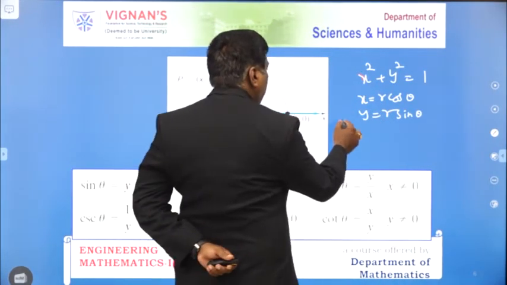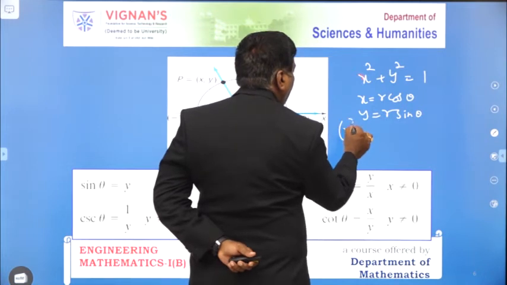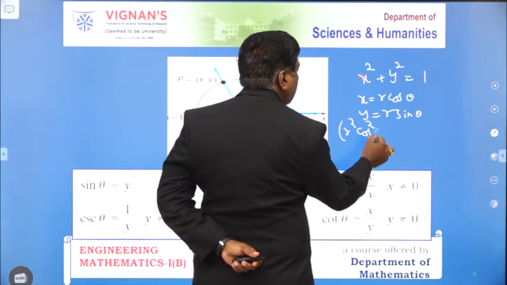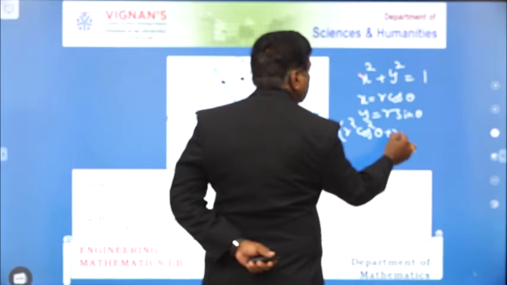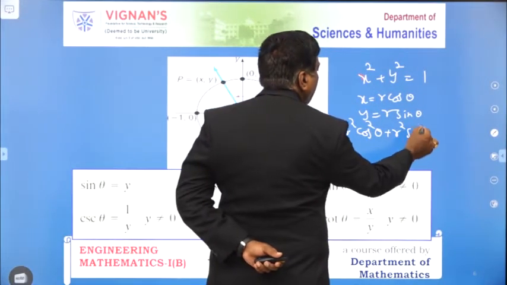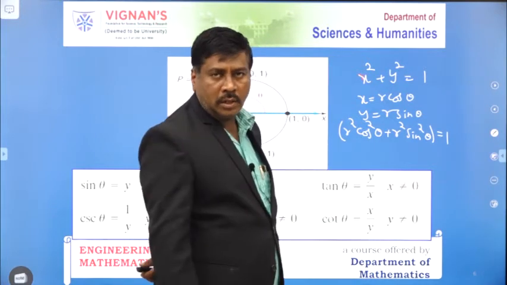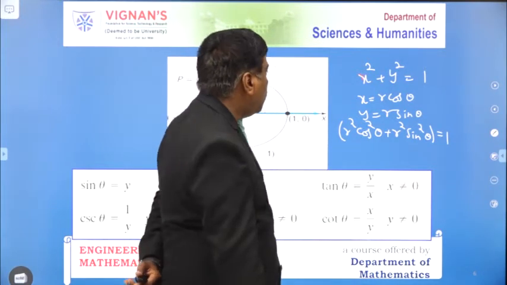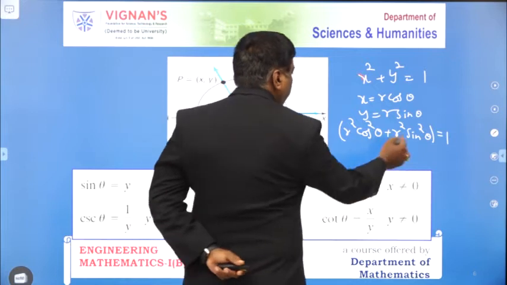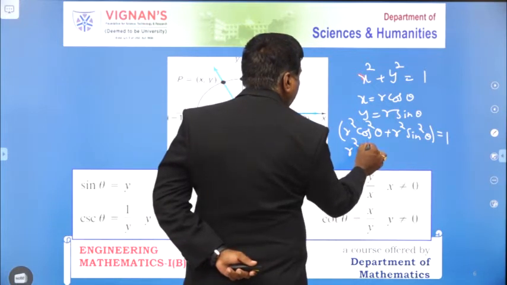In place of this, I write r square cos square theta plus r square sin square theta is equal to 1, because I substitute x as r cos theta and y as r sin theta. From those two terms, I take r square as common.